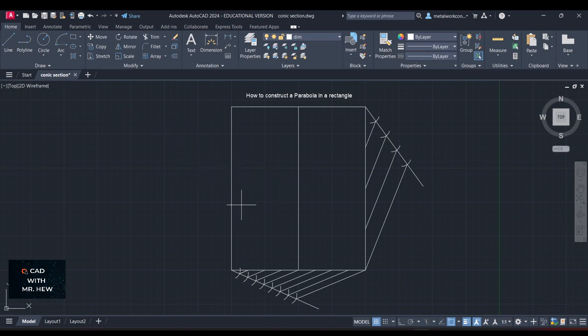All right, the next step is from the top where the center line intersects the top line, you're going to draw a straight line to intersect this division, right? I'm gonna repeat.